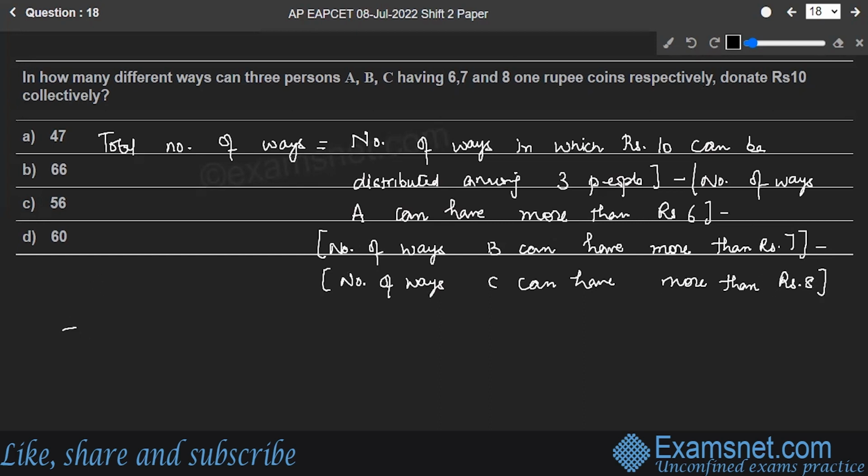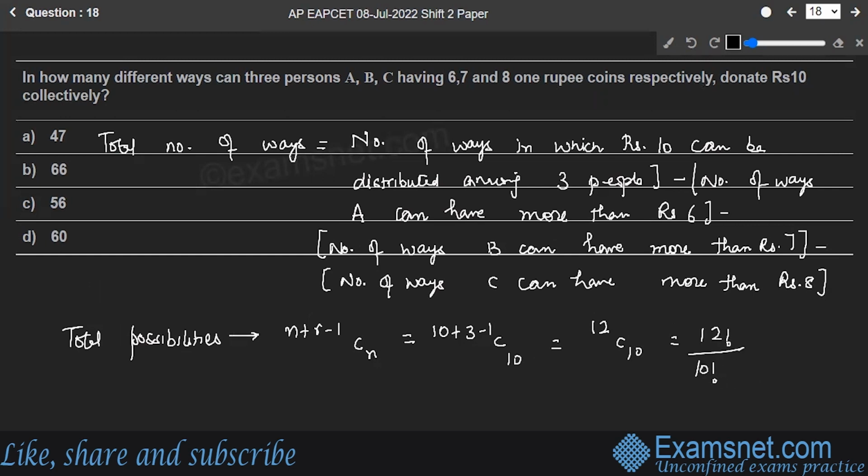Right? So the total possibilities are given by n plus r minus 1 Cn. This is equal to 10 plus 3 minus 1 C10, which is equal to 12C10. That is equal to 12 factorial upon 10 factorial into 2 factorial, which is equal to 66.